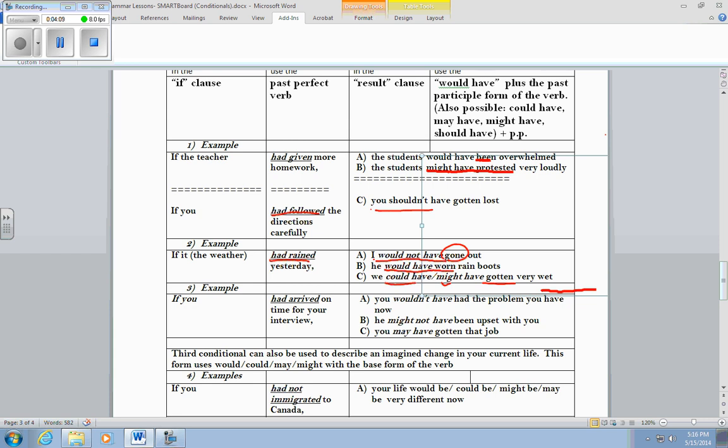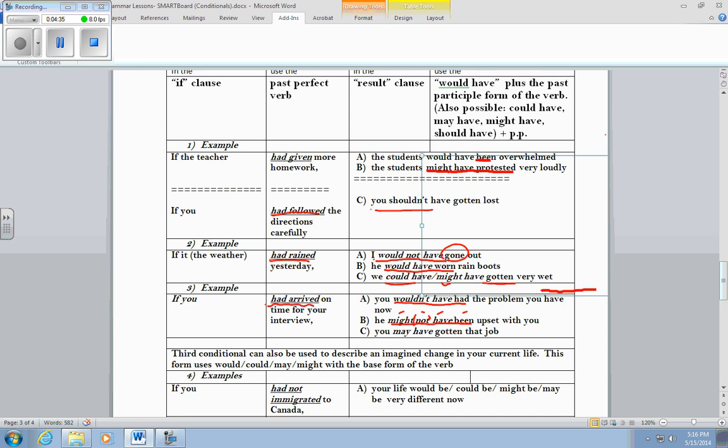If you had arrived on time for your interview, like you were expected to do, you would not have had the problem you have now. If you had arrived on time for your interview, he might not have been upset with you. So again, might have and past participle, with of course a negative here.